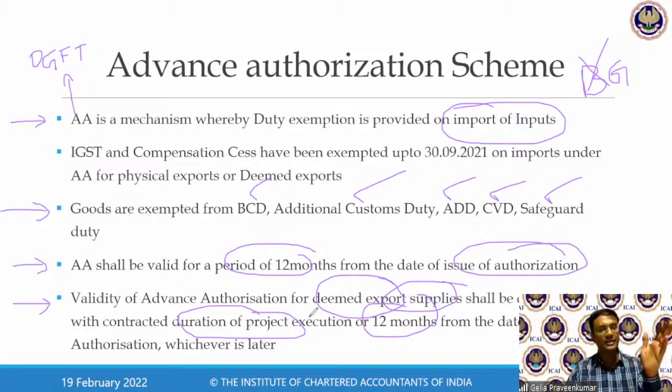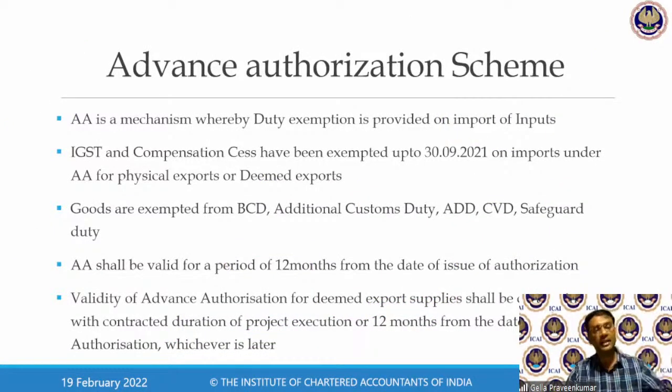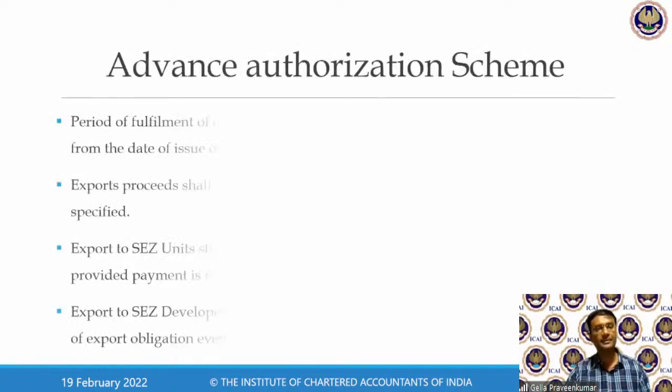If the advance authorization is used for deemed exports, which is in relation to a project, the permission given for that specific project or period of 12 months, whichever is later, will be taken into consideration. What do you mean by this duration of project? I get a permission for the purpose of these deemed exports. In deemed exports, goods don't go out of India. However, the person who is receiving those goods in turn makes an export out of India.